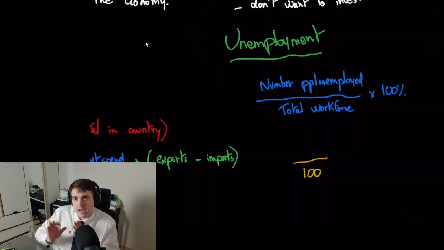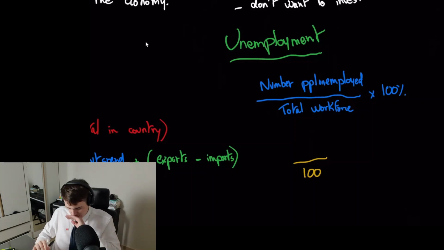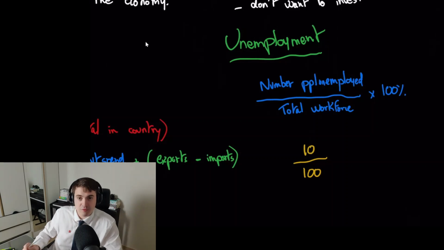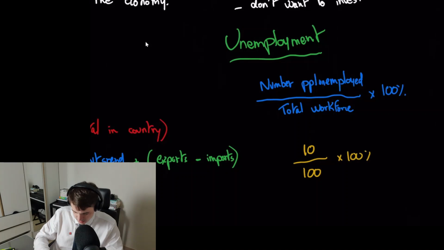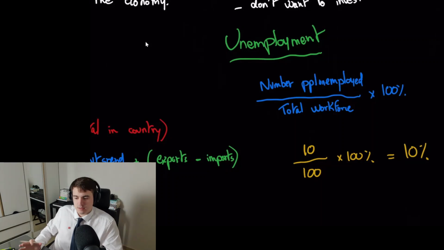Right? They're in the age where they can work. They're not babies, they're not old, they're fit, they have no health problems, they can work. There's 100. But there are 10 people who couldn't find a job. So 10 divided by 100, 0.1 multiplied by 100% equals 10%. Pretty easy, right?